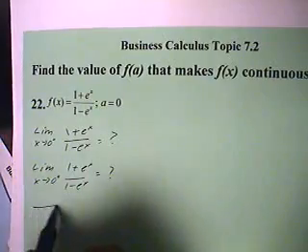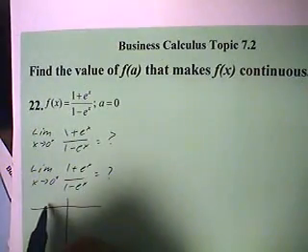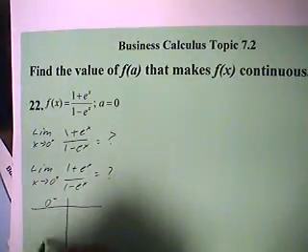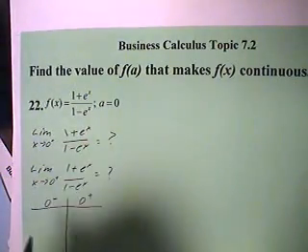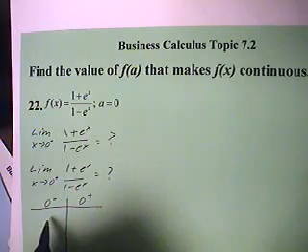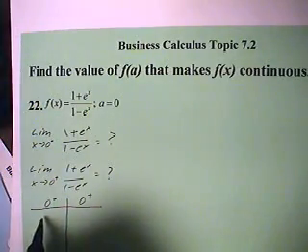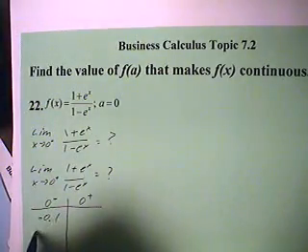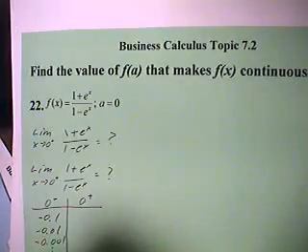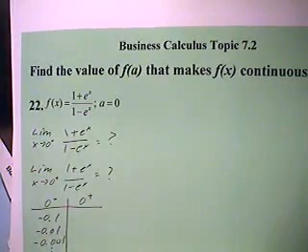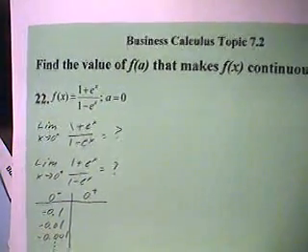Alright, so from here, looking at the left side of 0, we'll do this. And this side, we'll look at the right side of 0. Some numbers on the left side of 0 will be negative 0.1, negative 0.01, and negative 0.001, and we'll continue until we figure out what the limit is for that side.